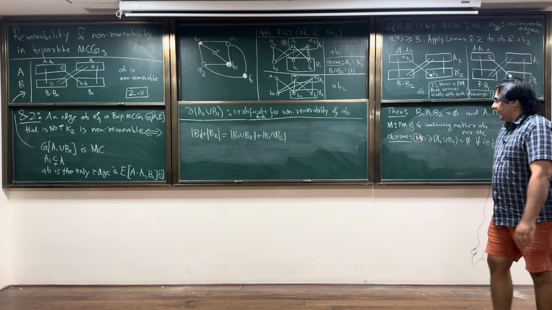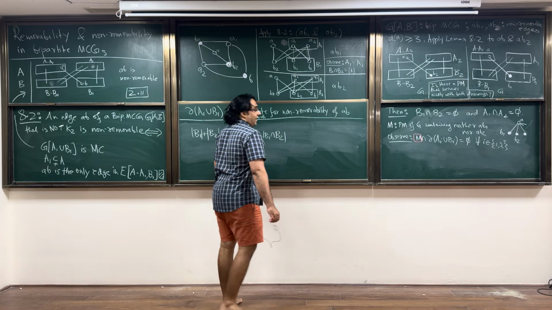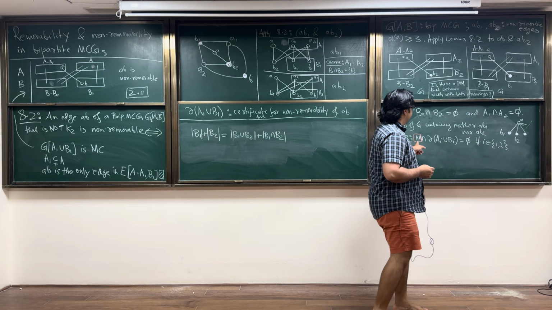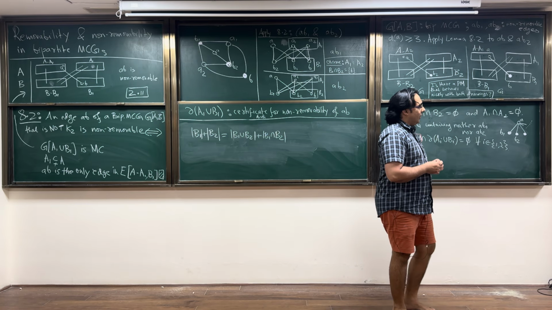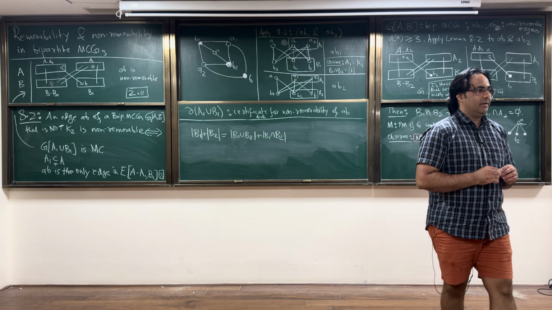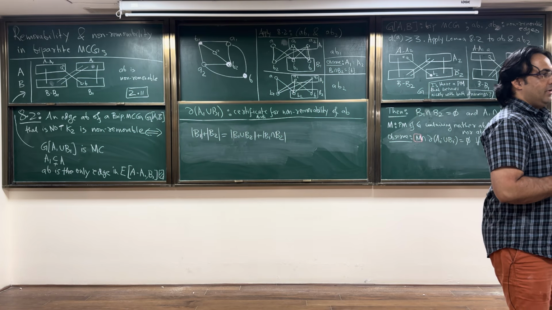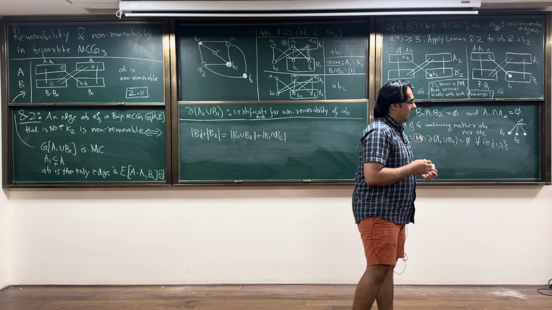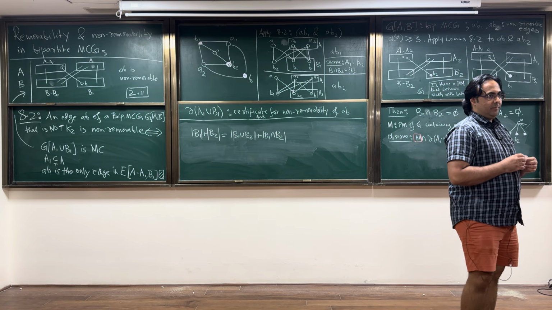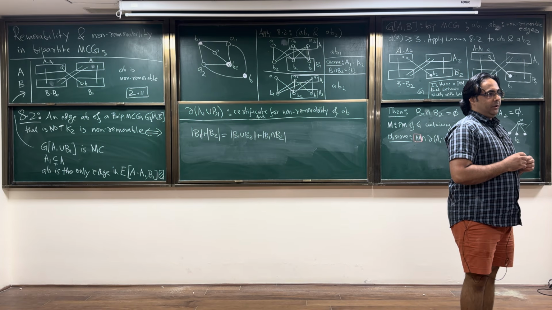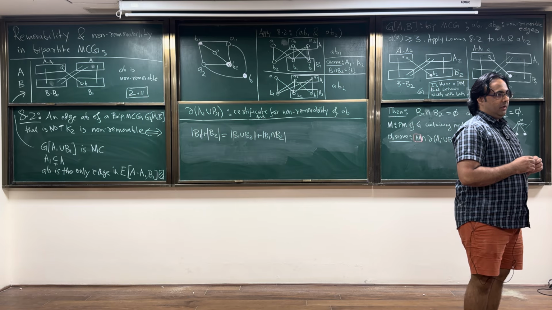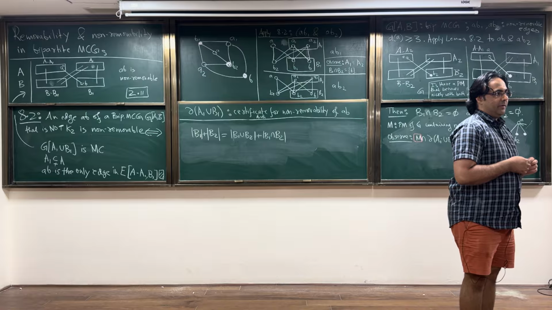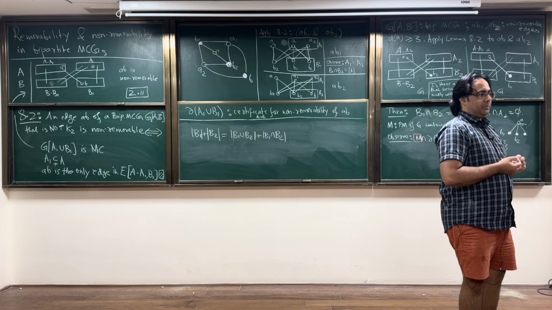Alright, so nothing deep has been said so far. But now let's try to make some progress using this perfect matching M. Where are all the vertices in B1 matched by M? All the vertices of B1 under the perfect matching M are matched into A1. All the vertices of B2 are matched into A2. Therefore, all the vertices of B1 union B2 are matched with vertices in A1 union A2.